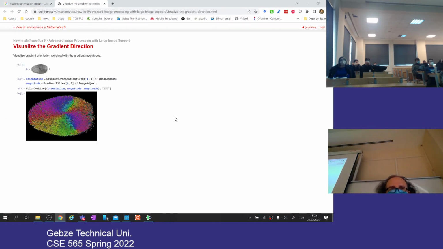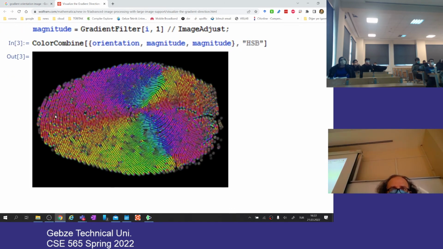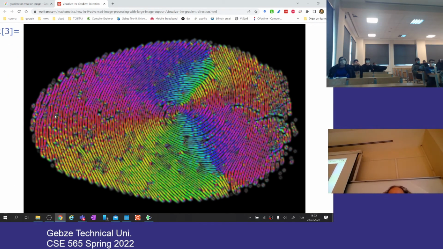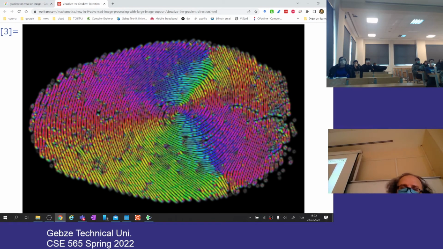Obviously this is a fingerprint image, right? If you try to find the edges on a fingerprint, there are lots of edges, but their orientations are very, very different. So the color kind of shows the orientation. As you see, the greens are kind of 135 to 285, right?